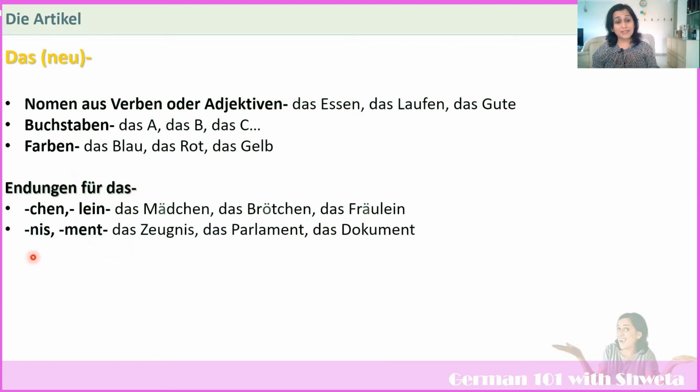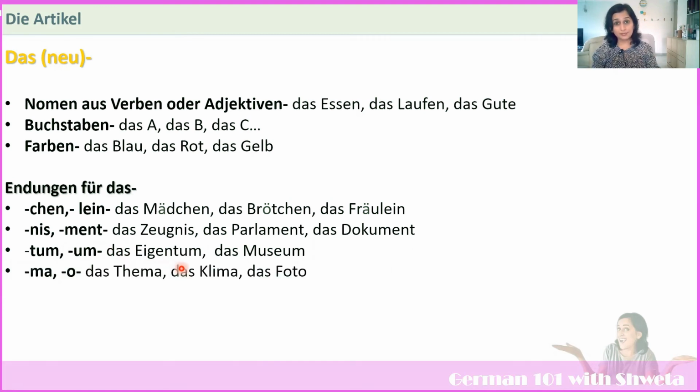Die Nomen, die mit nis und ment enden. Zum Beispiel das Zeugnis means certificate, das Parlament, das Dokument. Tum, zum Beispiel das Eigentum means your property, ownership, belongings. Das Museum. Ma oder o, zum Beispiel das Thema, the theme, das Klima, climate, das Foto, das Auto means the car.